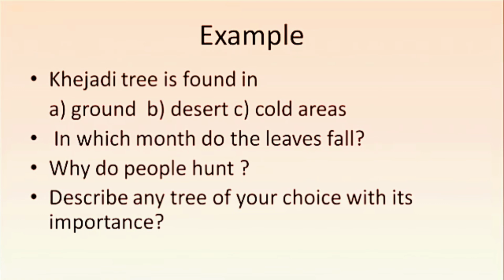And the last question I have given as an example: describe any tree of your choice with its importance. The individual has to choose one tree and then describe it and write down its importance also. So here we have ample thinking. We have to write ample things, at least one page, say.